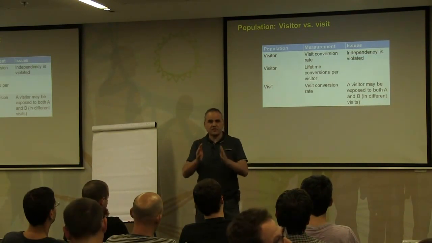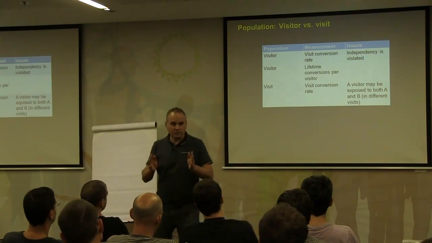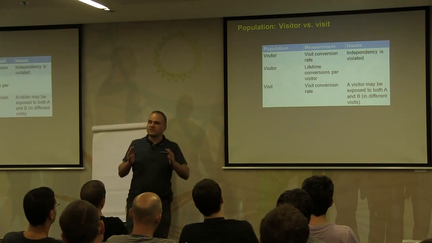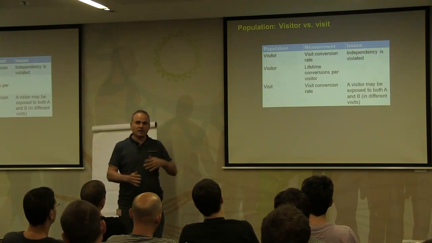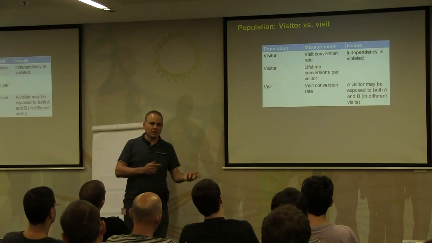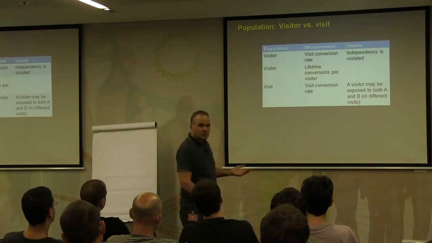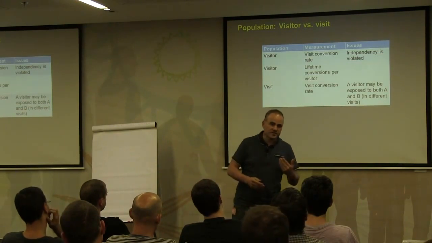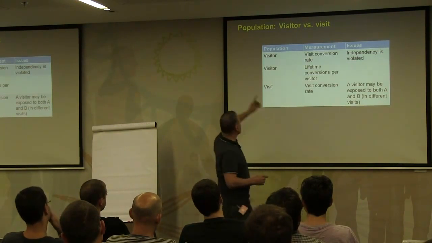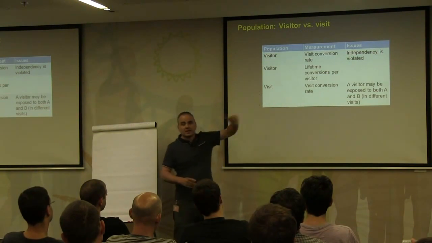So in the first time, randomness, yes, but the first time that the visitor enters the site, I'm allocating: are you group A or group B? When he comes a second time, I don't allocate again. I use the previous allocation. That's the first row, okay?